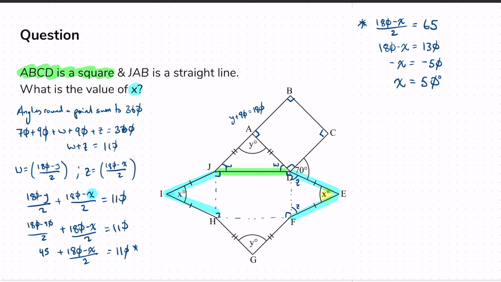Now there are a couple of other ways we could do this question as well, right? Because I know that this is 90 degrees, that means that this and this here are both 45 degrees. So looking back at this original question, I can use the same logic, but maybe in a simpler way.